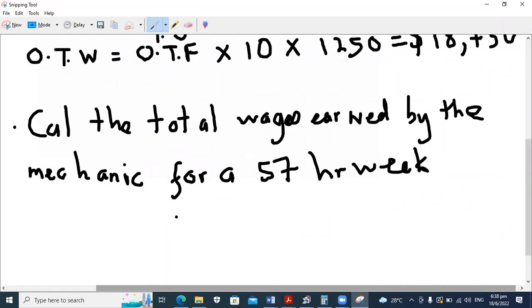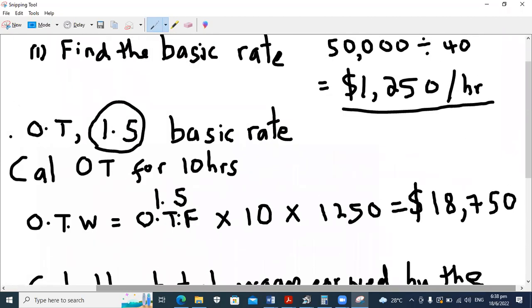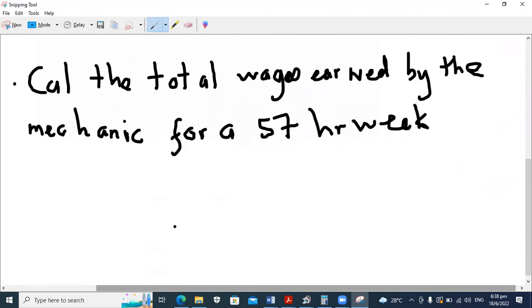What is the person's normal work hours? How many hours should the person work per week? 40, not true? So that means if you subtract 40 from 57, what do you get? 17.